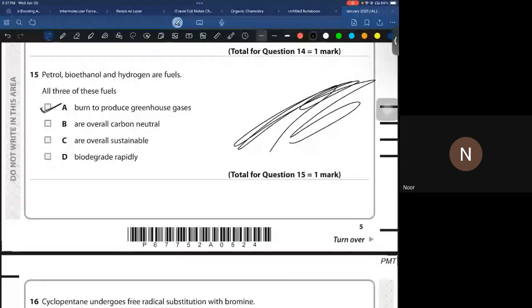I can say it's having the lightest mass. Biodegrade rapidly, so they have different criteria. I cannot say that all are going to biodegrade rapidly. It's not mandatory. It's not true for all of these, remember. So option A is correct.